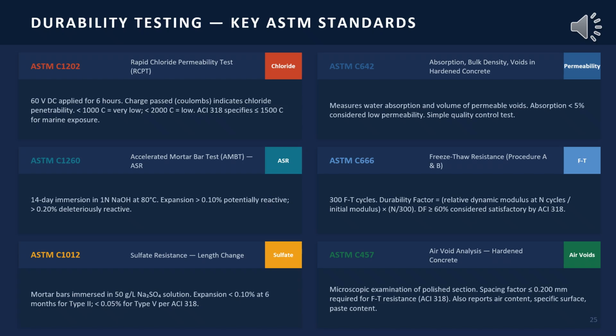The total charge passed in coulombs indicates the permeability level. Below 1000 coulombs is very low, 1000 to 2000 is low, and above 4000 is high. Now ACI 318 specifies 1500 coulombs maximum for marine exposure. Be aware that this test is an electric conductivity measurement, not a direct transport measurement.